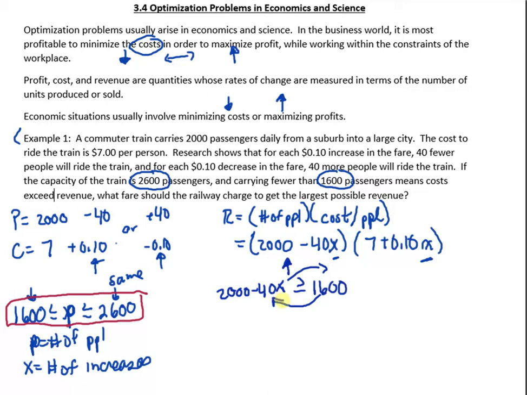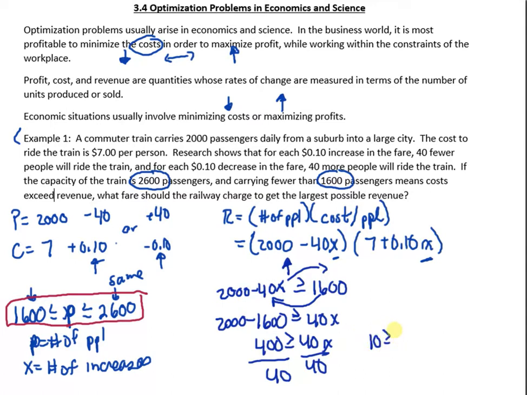If we bring this over and bring this over, we're left with 2,000 minus 1,600 greater than or equal to 40x. So 400 is greater than or equal to 40x. Divide by 40, so 10 is greater than or equal to x. And again, x is the number of increases.